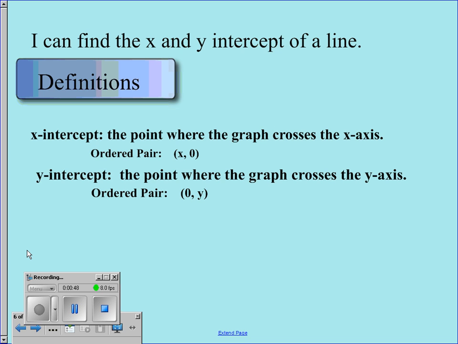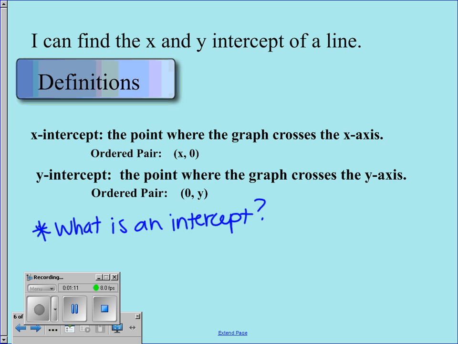Okay, so the first thing I want you to do is add a little something to this. We need to ask ourselves the question, what is an intercept? Because I've given you the definition of an x-intercept and a y-intercept, but we don't really know what it is.